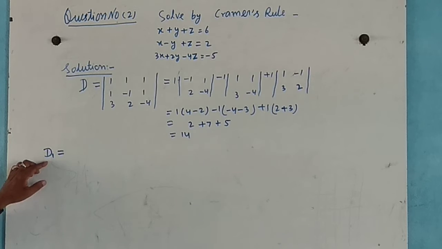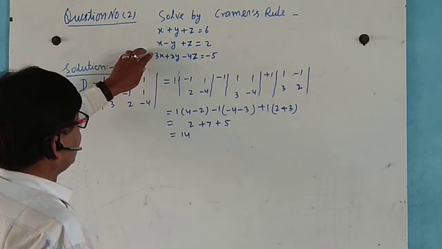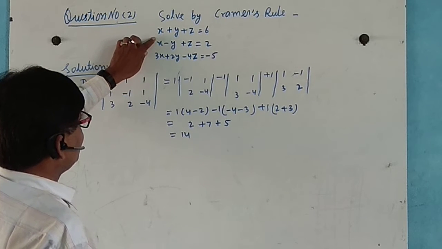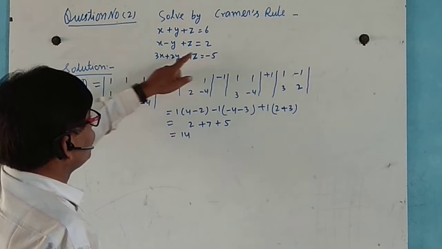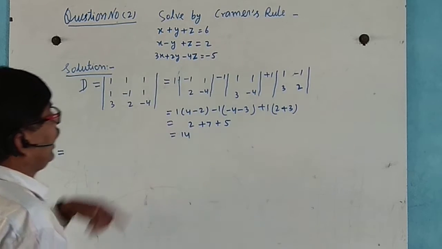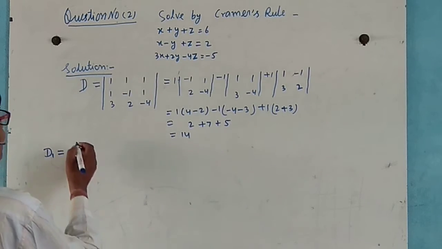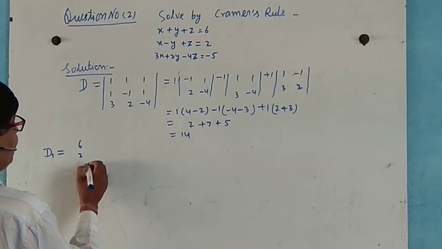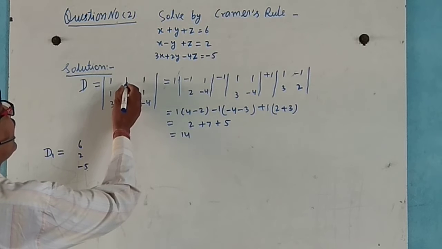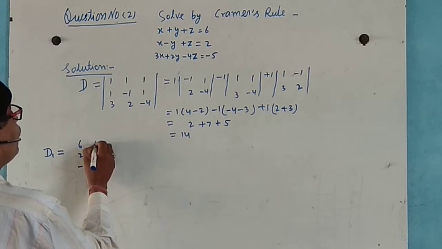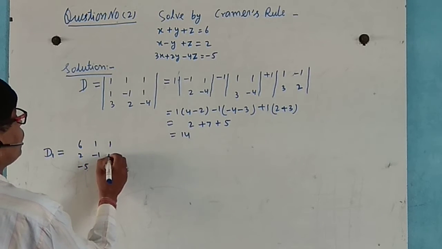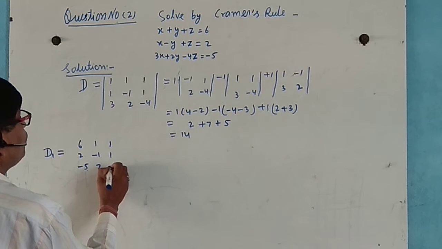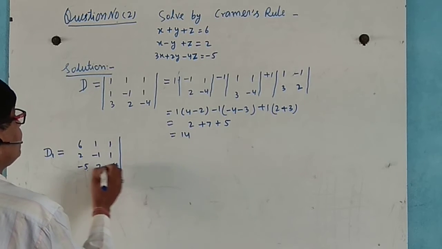With the help of D1 we calculate the value of x, so in place of the first column we use 6, 2, minus 5, and the rest are 1, 1, 1, minus 1, 1, 2, minus 4.